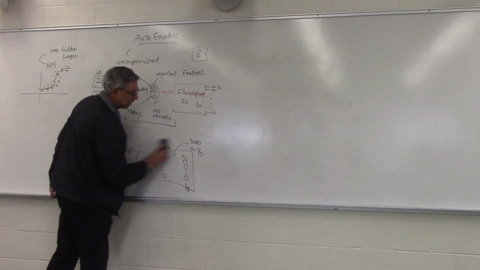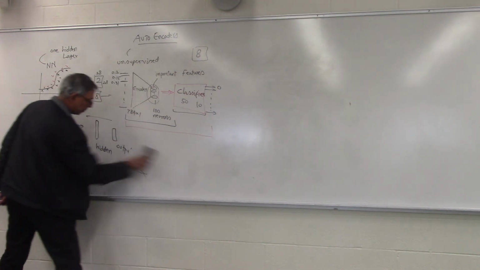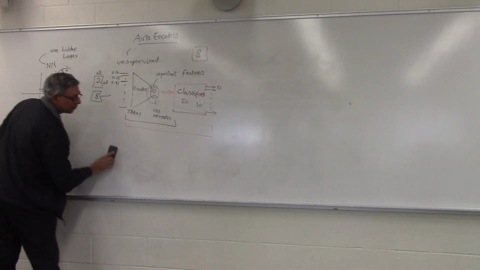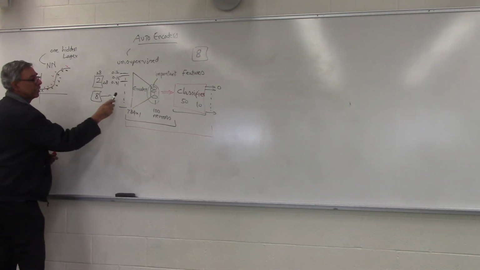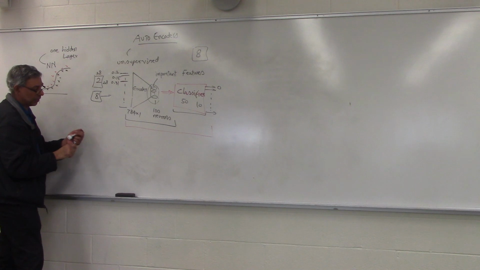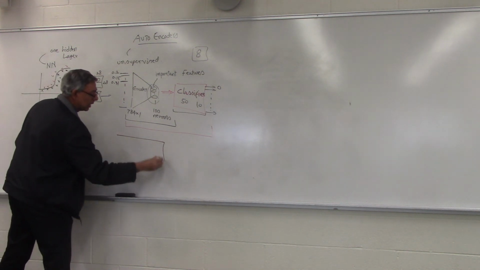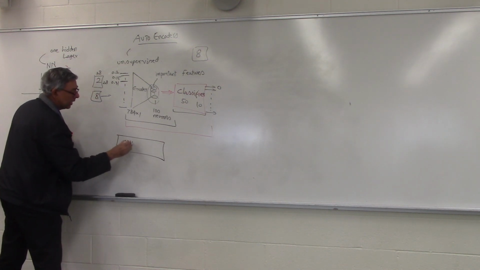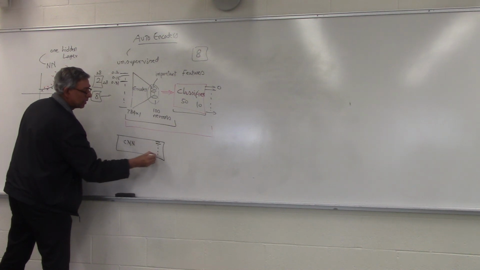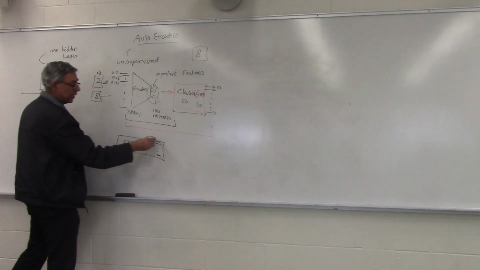Now let's compare it to the Siamese network. So this is the autoencoder approach, and now let's go to the Siamese approach. We have a CNN, and some flattening layer over here.